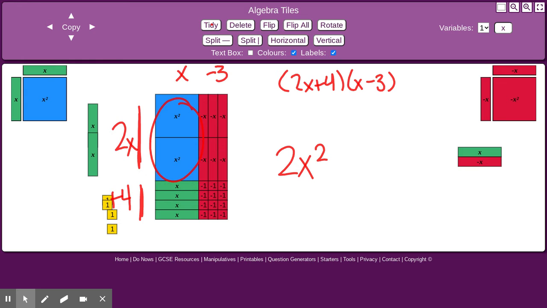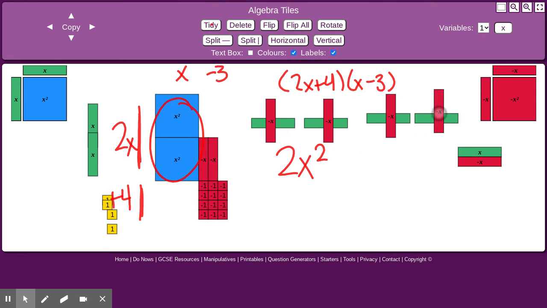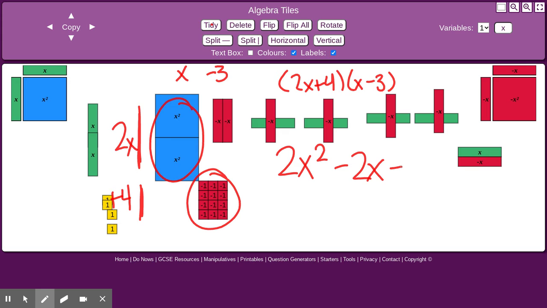So I have 2x squared, and then here I have 4 x's, but each one is going to cancel out with one of these negative x's. So there's 3 that are canceled and 4 that are canceled, but I still have 2 left. So I have 2 negative x's, so negative 2x. And then I have minus 12. I forgot my number there.